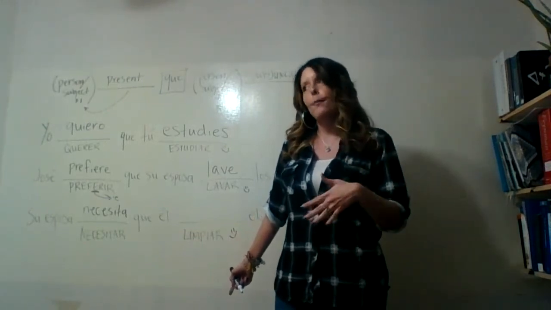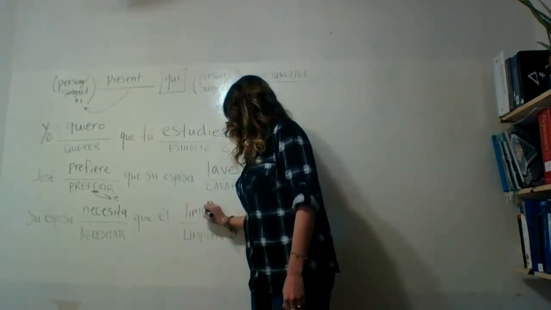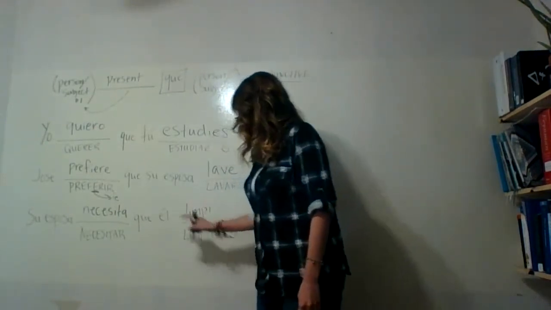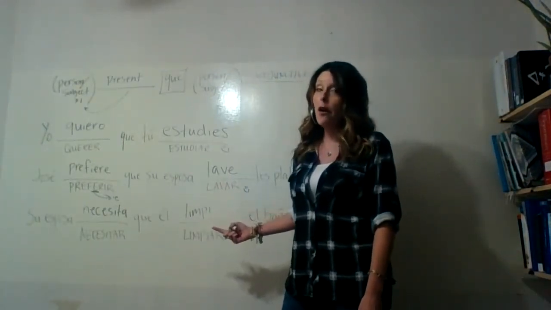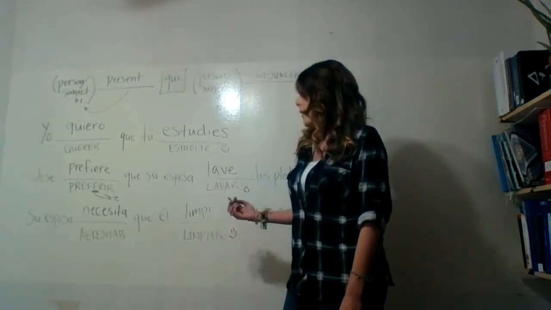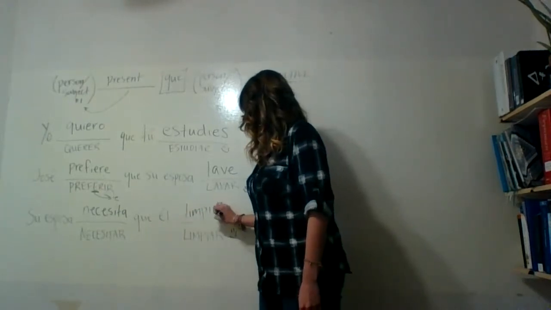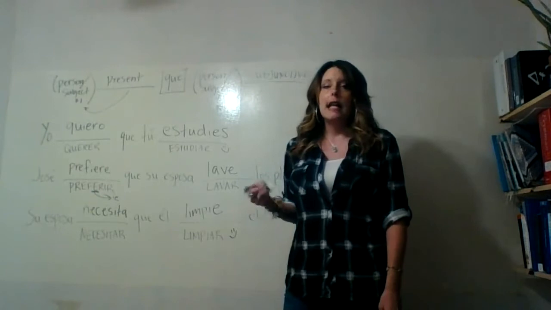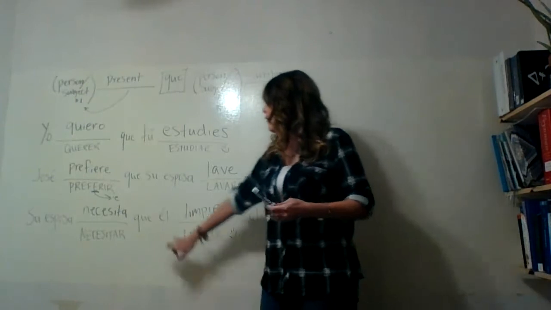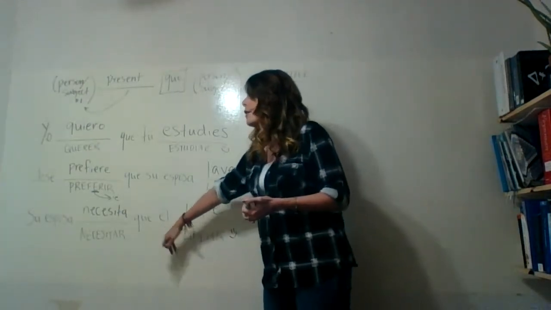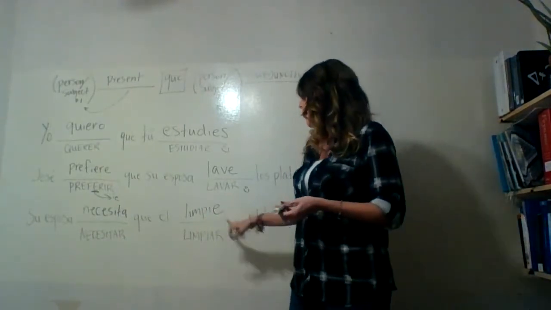Then we drop the O, and we would end up with L-I-M-P-I, because we got rid of the O, and then we would have to add the appropriate conjugation for the subjunctive based off of A, and we would add an E right here. Limpie is our appropriate conjugation in the subjunctive, conjugated based off of A, our person or subject number two. So the whole sentence will be, su esposa necesita que él limpie el baño.